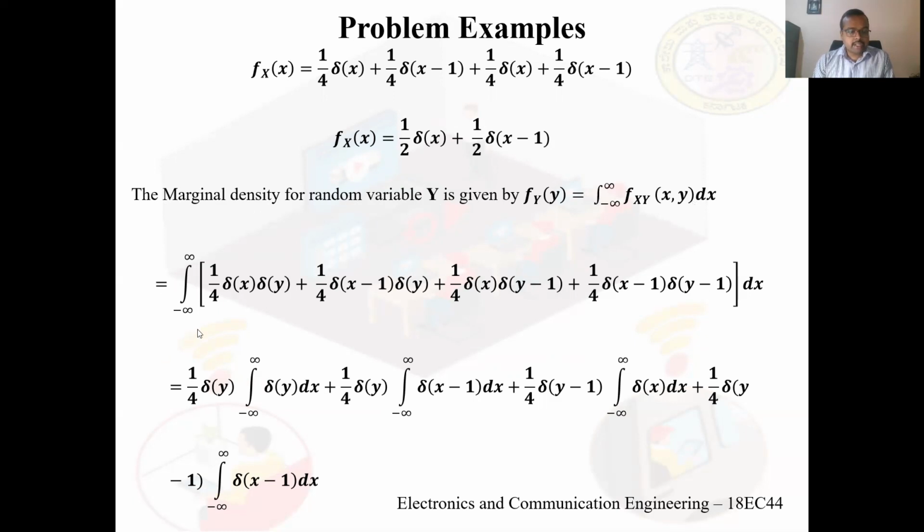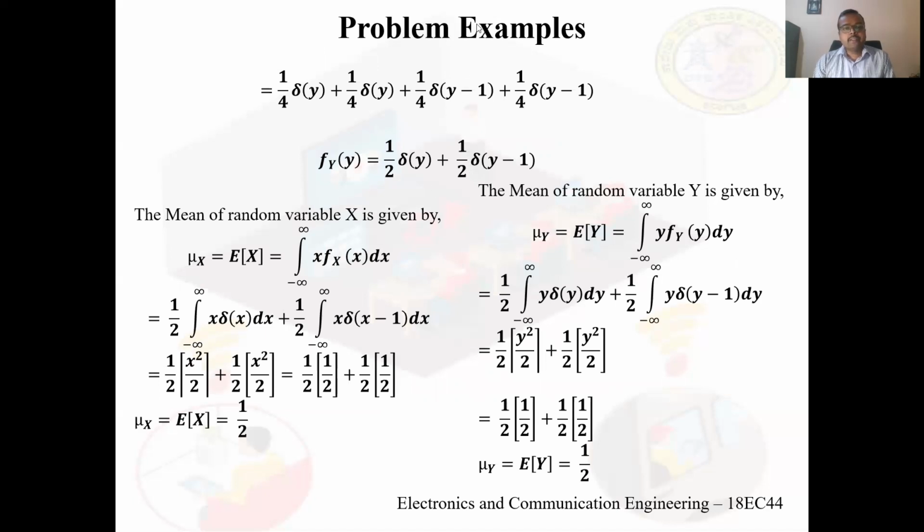Now you can write this integration as 1/4 δ(x)δ(y) plus 1/4 δ(x−1)δ(y) plus 1/4 δ(x)δ(y−1) plus 1/4 δ(x−1)δ(y−1), integrated with respect to x. Since it is a function of x, you take the y terms outside.